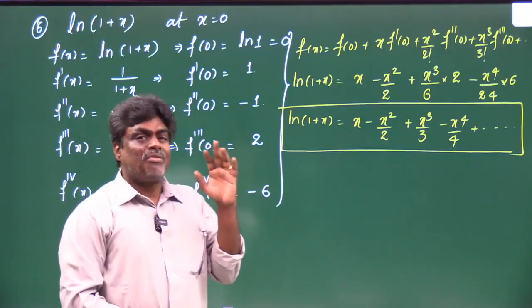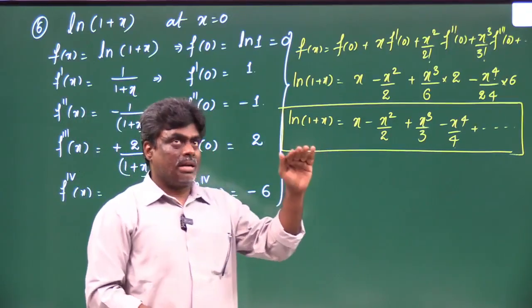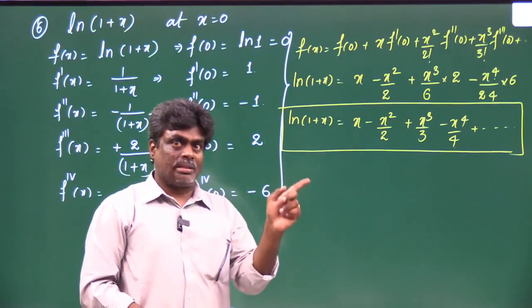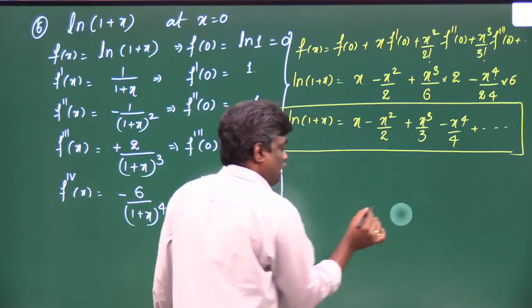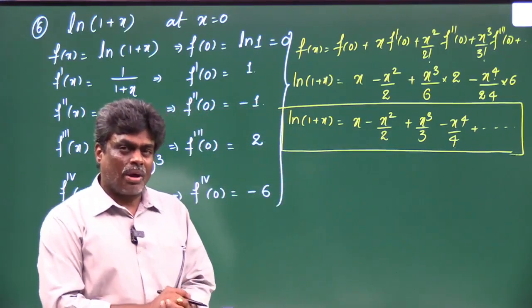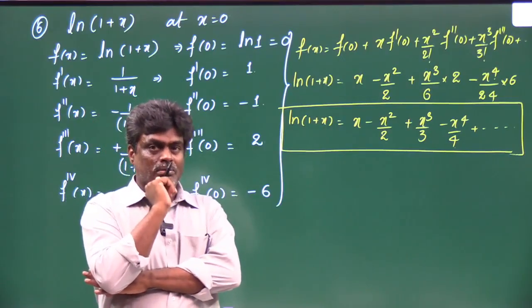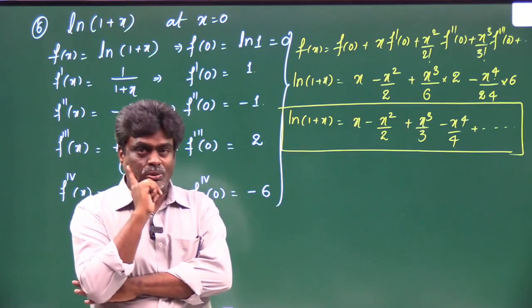Okay, so log of 1 plus x is equal to x minus x square by 2 plus x cube by 3 minus x power 4 by 4, and so on. Now in the first part we did the last problem and we used the expansion of log 2.